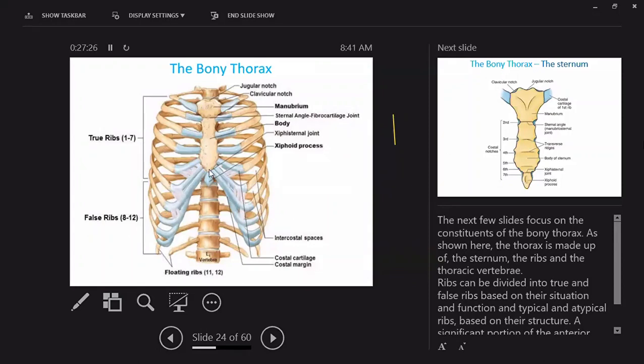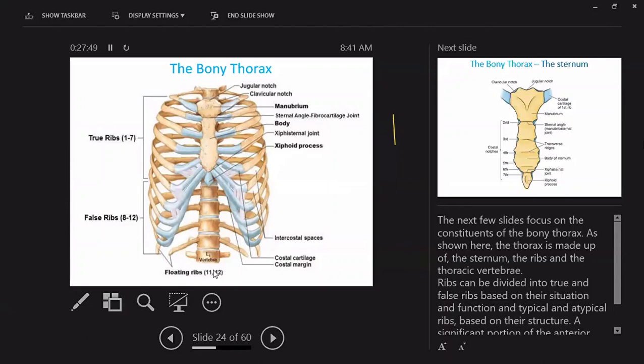Sometimes there's a fusion here and you don't see it as separate, so you can say it's attached to the 6th or the 7th. Out of the false ribs, the 11th and 12th ribs don't attach to the front at all. They are only attached to the vertebral bodies and the transverse processes at the back. So these two are called floating ribs.